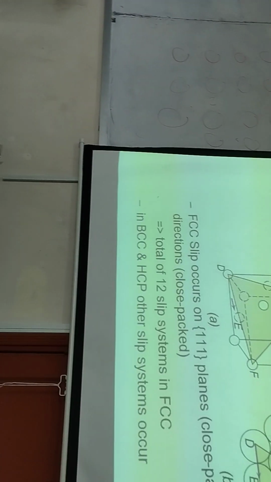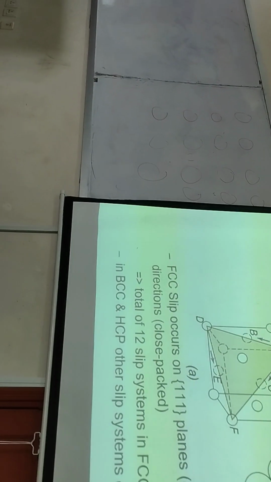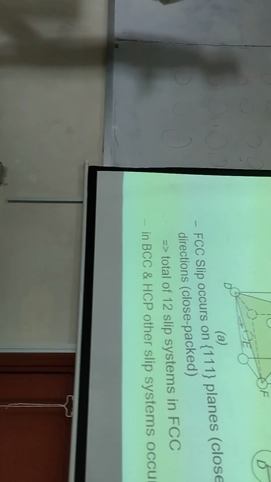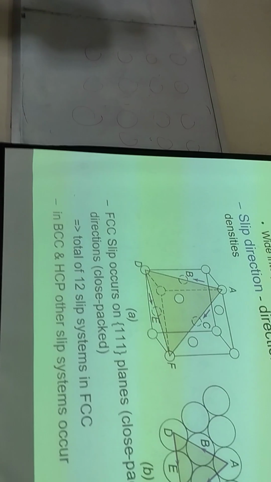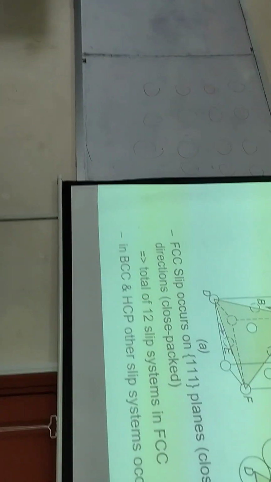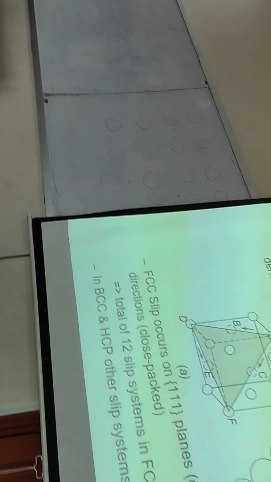This is elastic deformation. Okay, we have also seen that certain planes are going to have a lower planar density as compared with other planes, and those which have a lower planar density are going to preferentially deform.